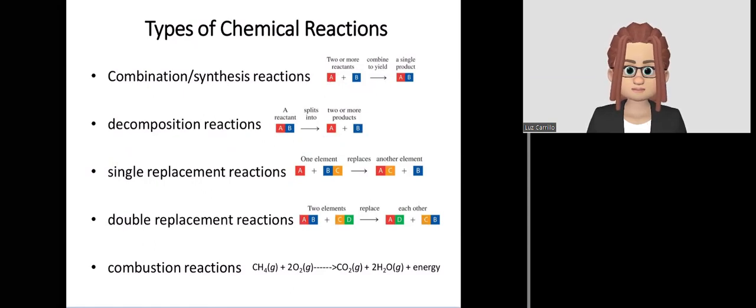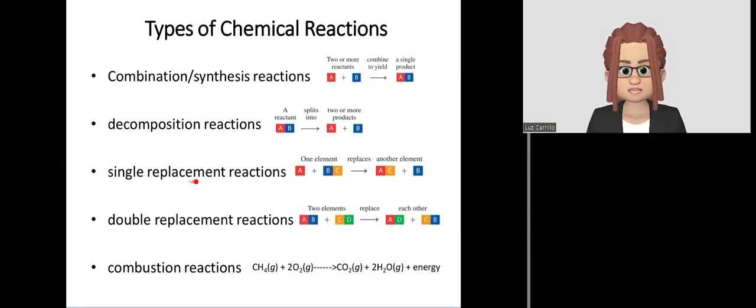We can have single replacement reactions. In a single replacement reaction, we have 1 element replacing another element. If we look at these boxes of letters, we have element A, just as an example, and this is going to replace element B in the compound next door.